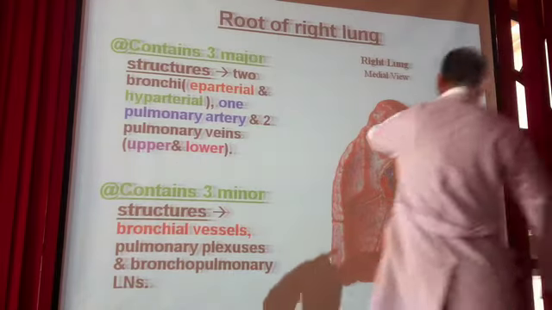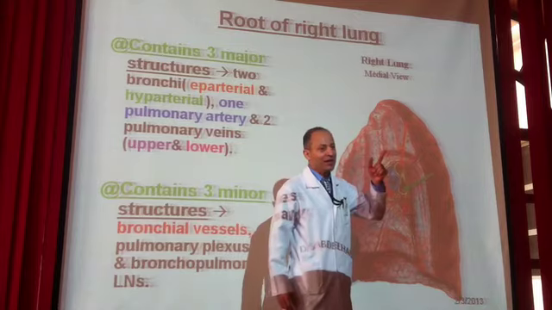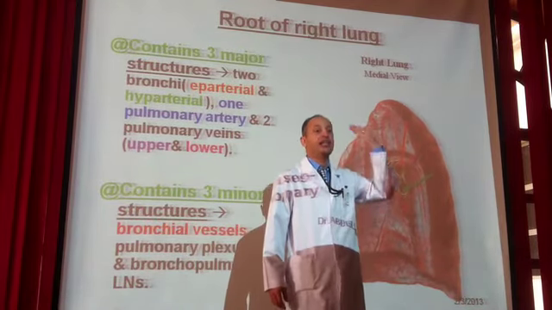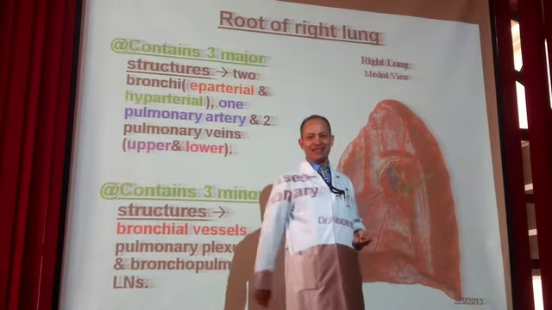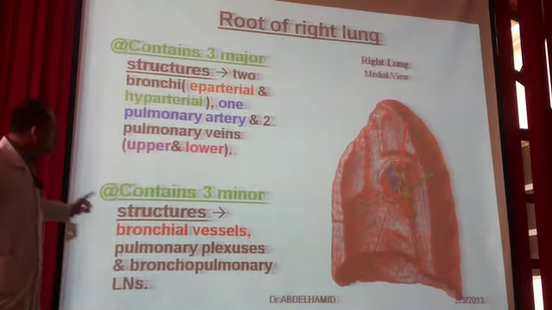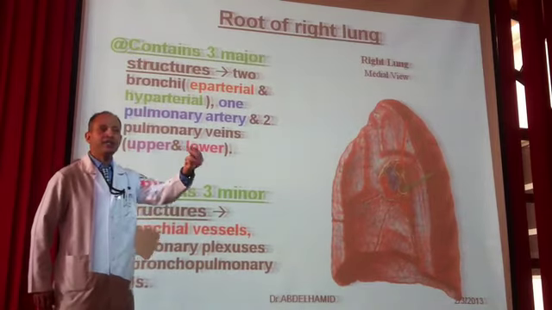Doctor, you mentioned blood vessels. No, those blood vessels serve the function. But what about the source of the blood supply for the lung tissue and the bronchial tree itself? Bronchial artery. Bronchial vessels. So we have three other minor structures, which are the bronchial vessels: bronchial arteries and veins.